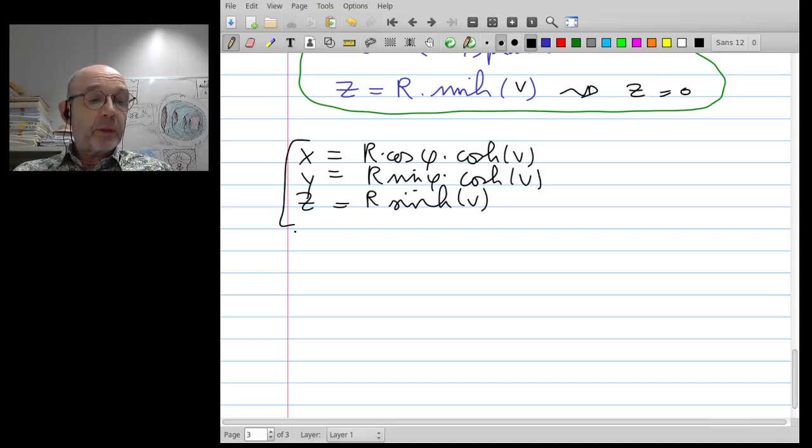Now, we have this here, and I think we can use these for hyperboloids.